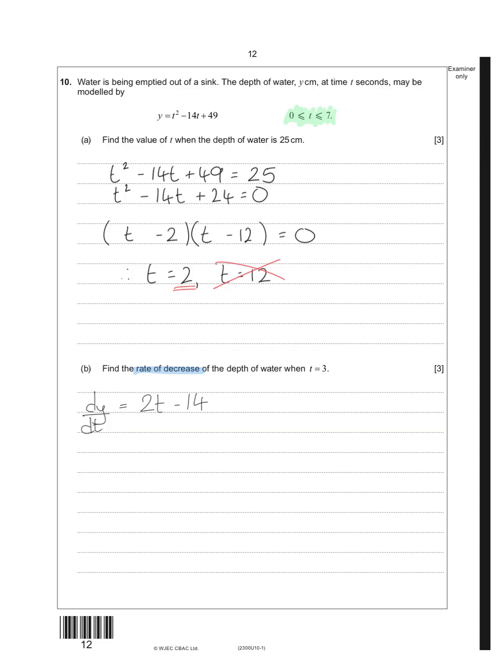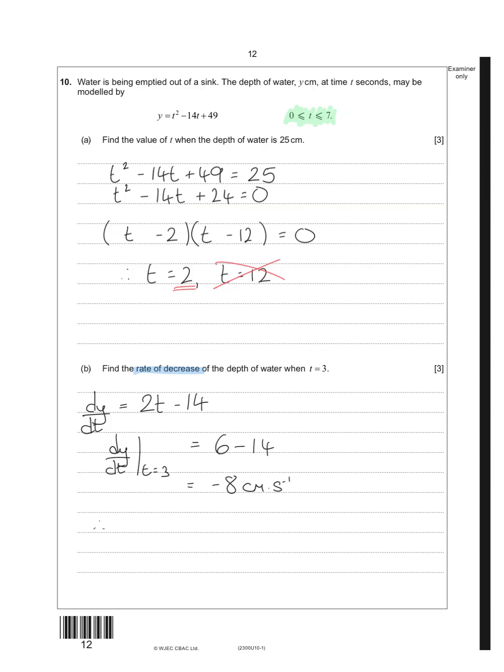Okay, so we're told when t equals 3, so dy by dt when t equals 3, well, I'm going to get 6 minus 14, which is minus 8. Let's contextualize that. That is then in centimeters per second.